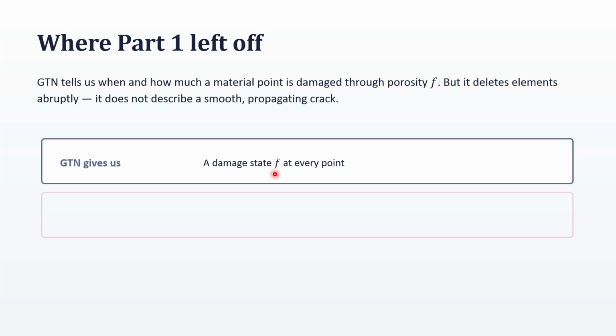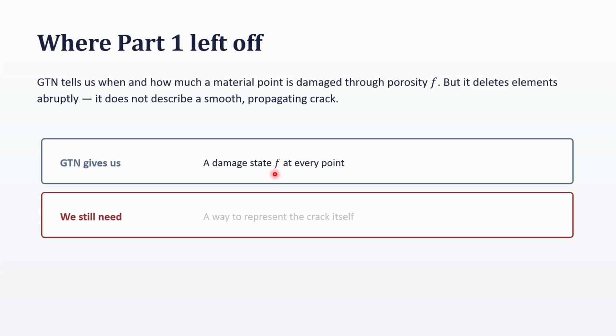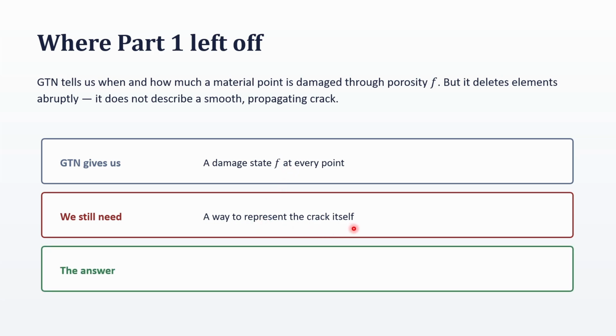So we still need a way to represent the crack itself. This porosity contour will not give you the crack path. You will need a way to represent the crack itself. So a phase field model that smears the crack is essential in order to get the crack path.